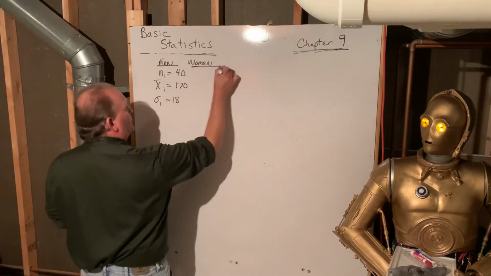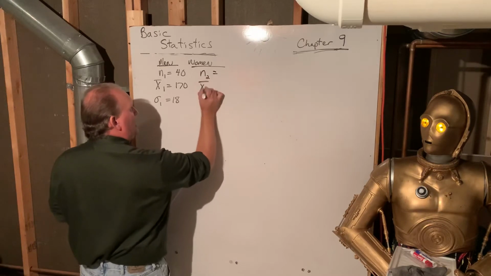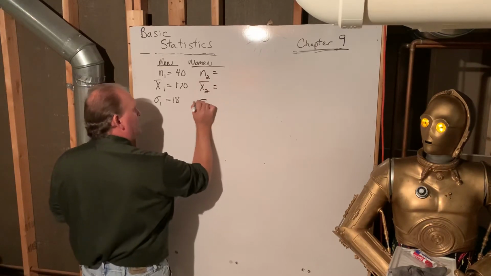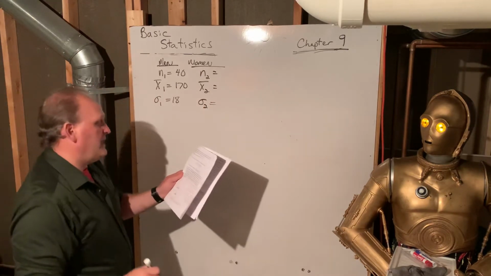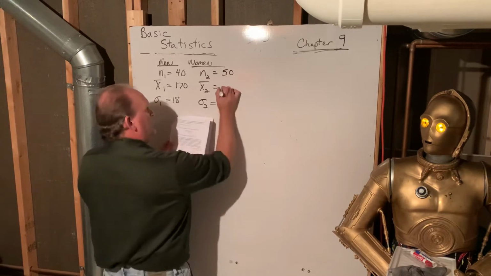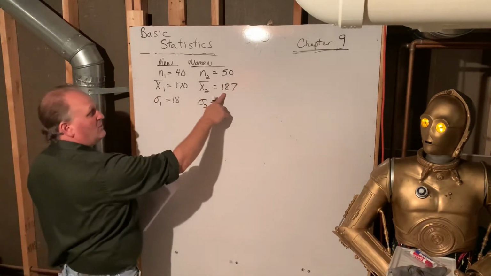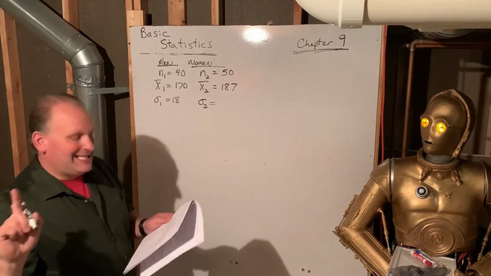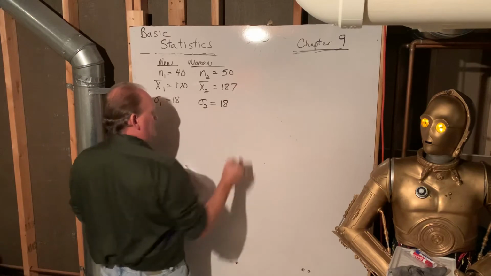All right, the women, we'll call that population 2. So n sub 2, x bar sub 2, and sigma population sub 2. And so for that, we had 50 women in the study and 187 days. You know, it's clearly more, but we have to see, is it significantly more when the standard deviation of the population is 18?